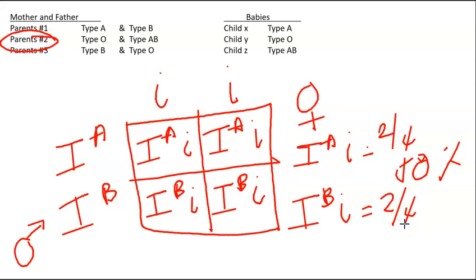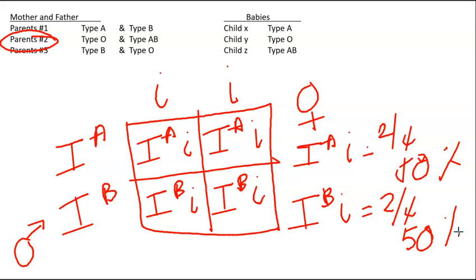So again, 50%. Okay, so keep in mind, parents number 2 can only have children that are either type A blood or type B blood. Okay, so we kind of have narrowed it down so far.